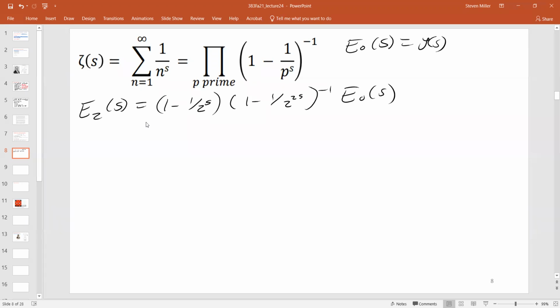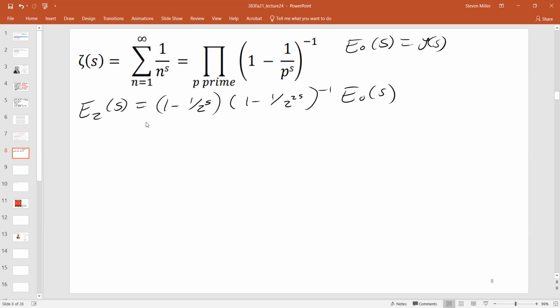Which primes does this not affect at all? If I look at E0 of s, the zeta function, as a product over primes, which primes does this multiplication not change at all? Yeah, all the ones that are not 2. And for the prime 2, we initially had 1 minus 1 over 2 to the s inverse.